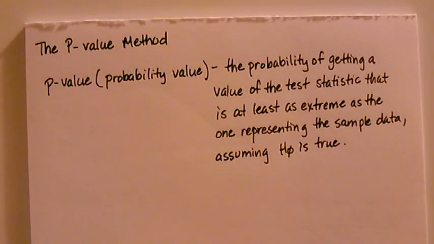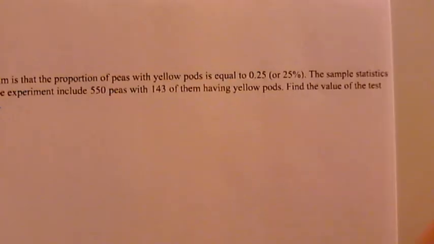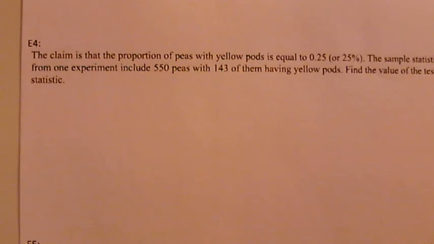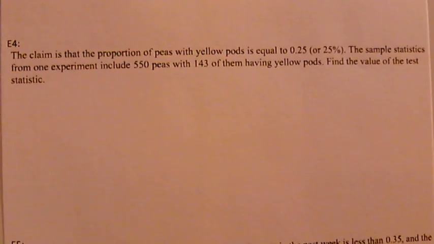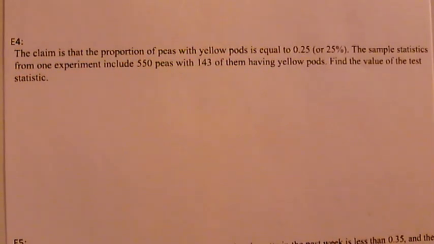Alright, now let's look at some examples of how to calculate a test statistic and find p-values. This example deals with finding the value of the test statistic, and then the next few examples we'll look at finding the p-value.